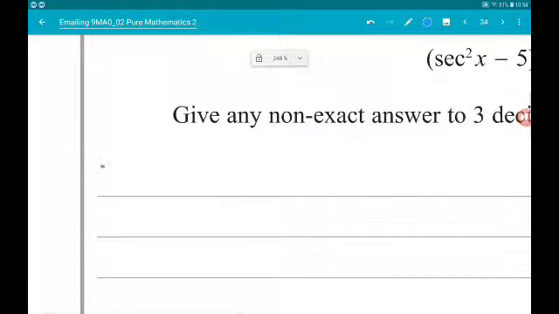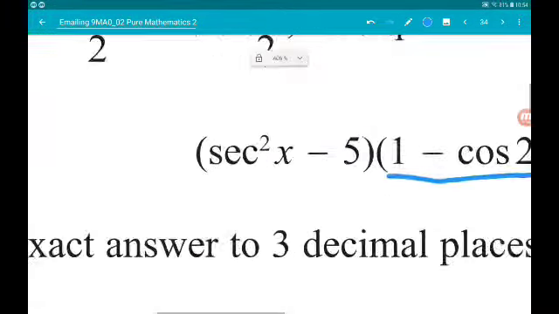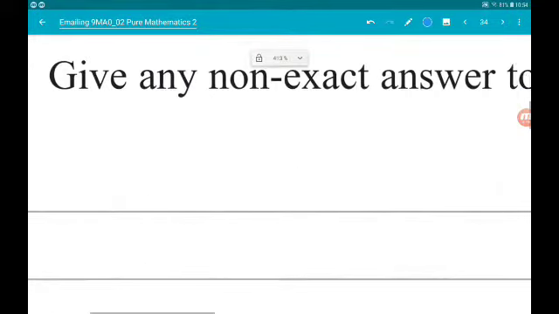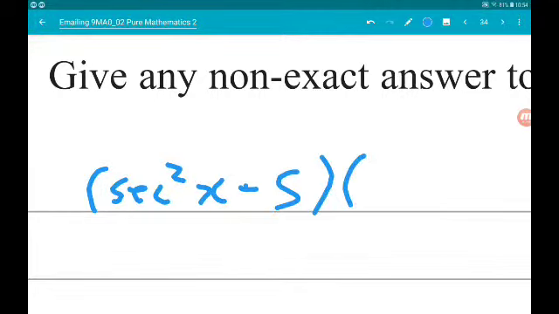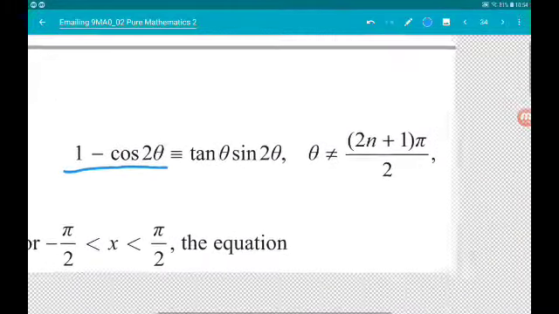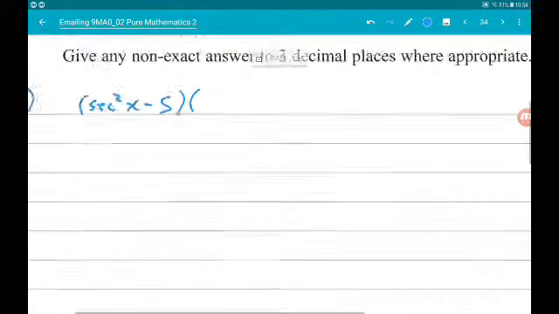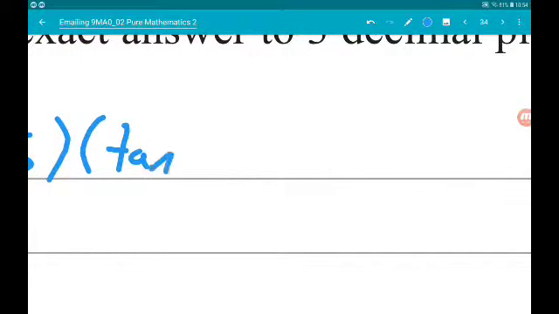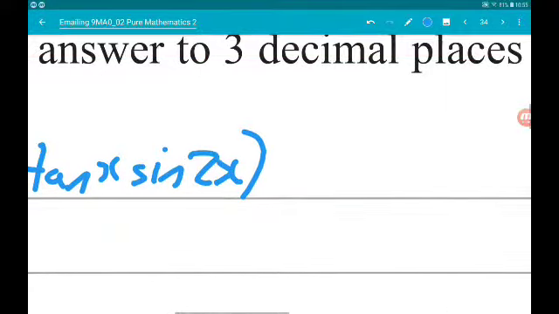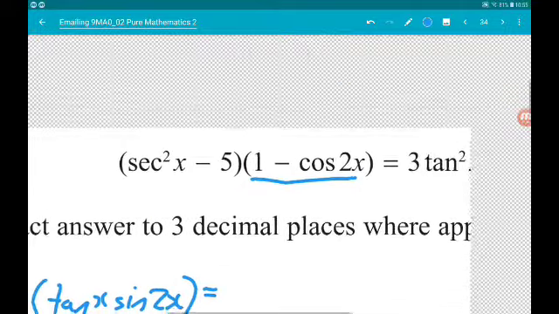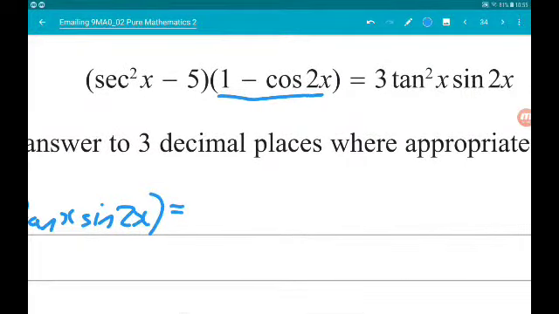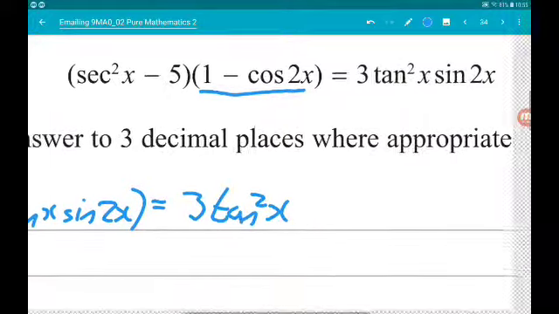So we can say then that we are actually solving (sec squared x minus 5) times tan x sine of 2x is equal to, now we got, 3 tan squared x times sine of 2x.